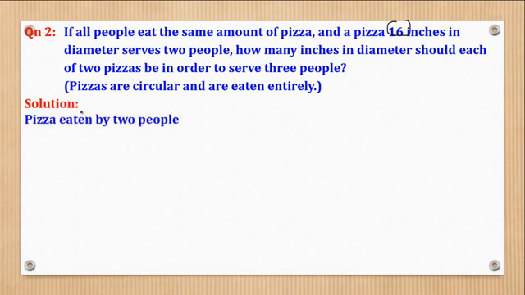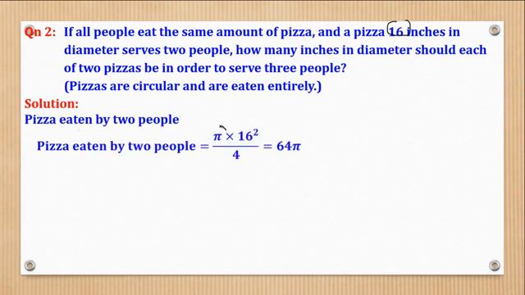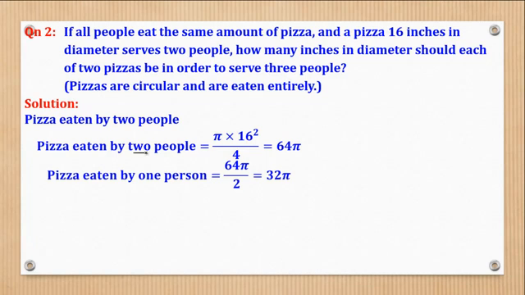So we shall start by saying pizza eaten by 2 people has this area because they said circular. So use the area of a circle, which is pi d squared over 4, to give you 64 pi. Then pizza eaten by 1 person, you divide by 2 because these are 2, to get 32 pi.